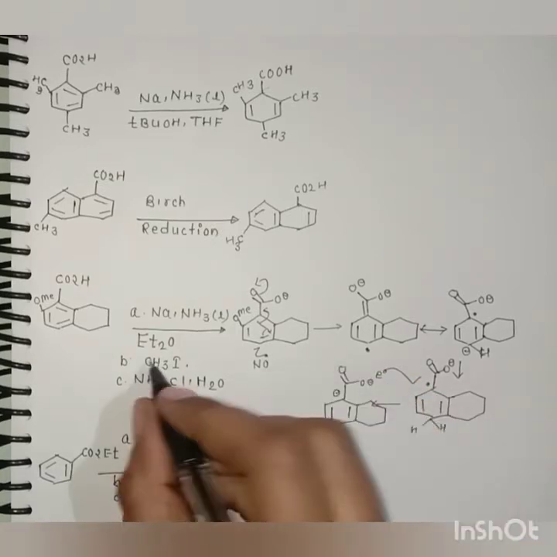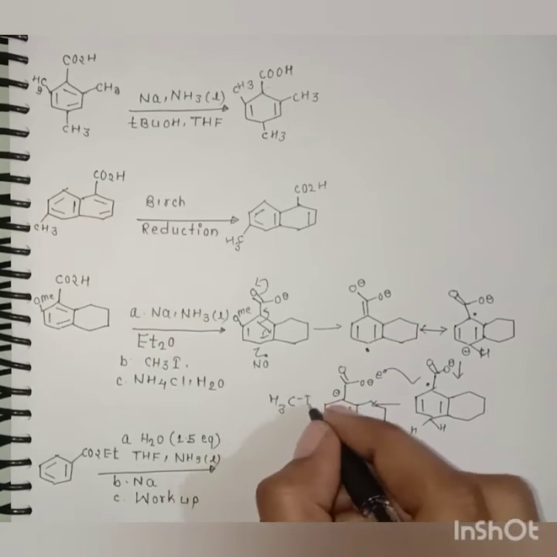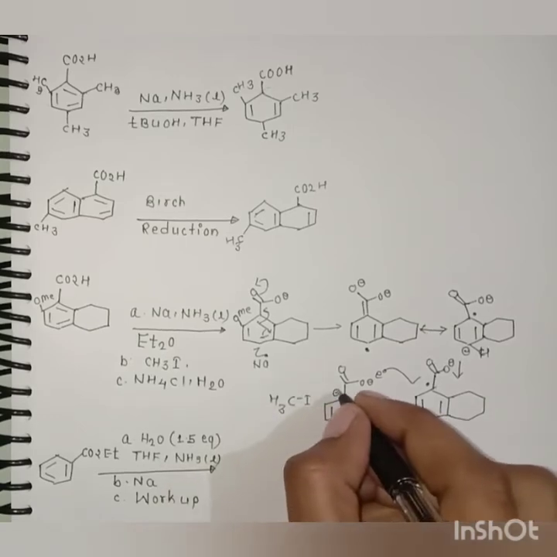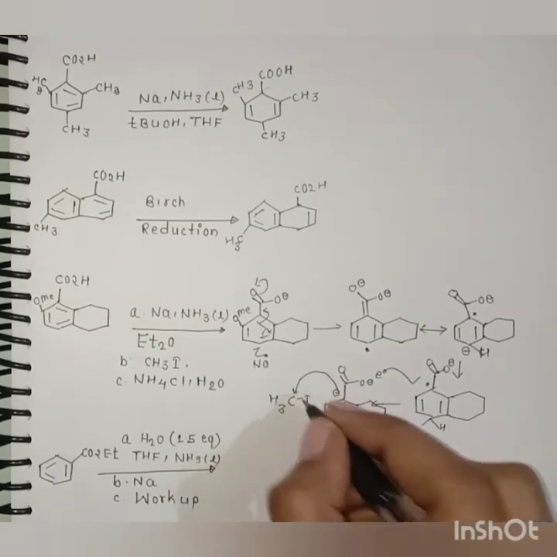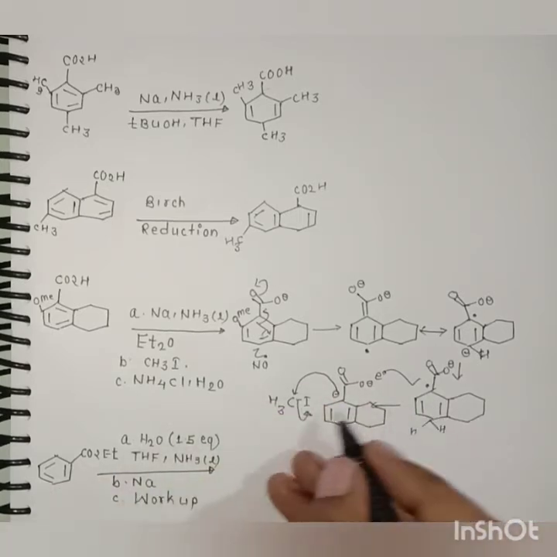Now methyl iodide is given. This negative charge attacks on this carbon and removal of the iodine takes place.